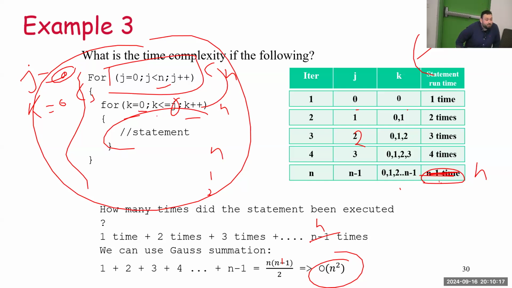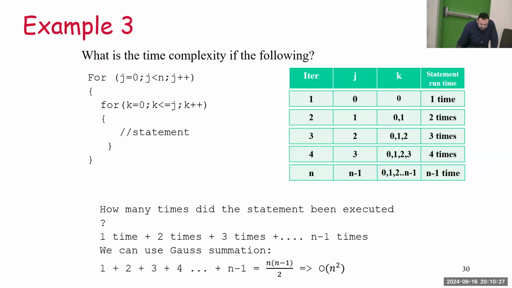Yes. Here? Okay, very good. So guys, why here is it n times? If I go from 1 till n minus 1, how many times is that? Look, if I go from 1 till n, how many times?